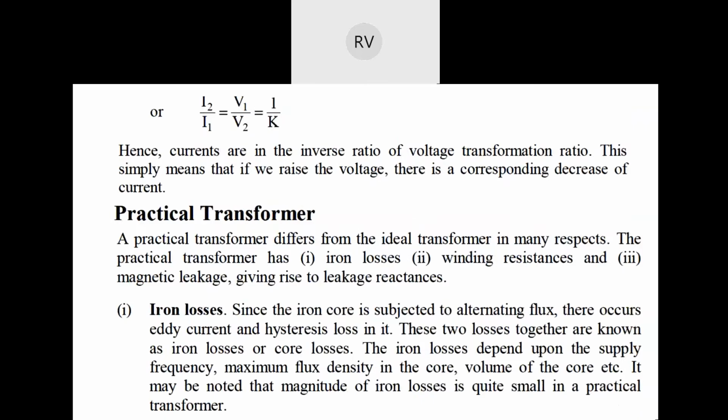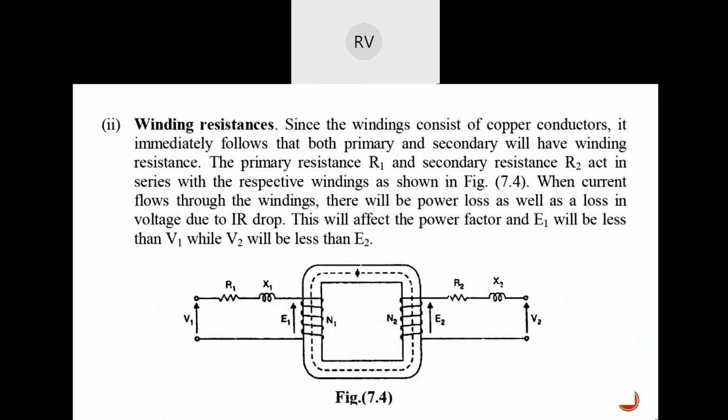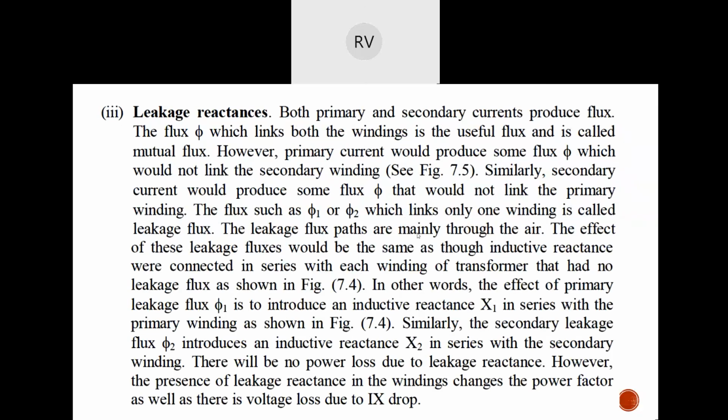So the leakage fluxes are similar to reactances. We represent the leakage flux in the form of these reactances X1 and X2, where X1 represents the leakage flux of the primary winding and X2 the leakage flux of the secondary winding.